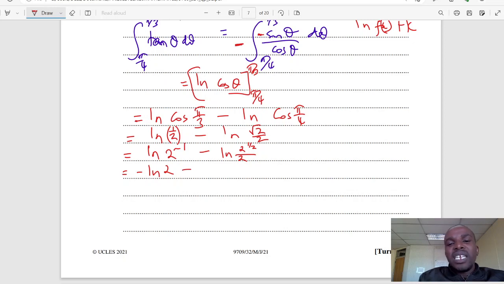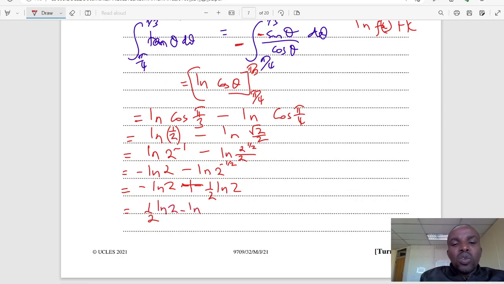Then for this part you maintain the base and subtract the powers, so half minus 1. Half minus 1 is minus half. Bring down the half. It will be minus ln 2 minus half ln 2, which becomes plus, actually. You have half ln 2 minus ln 2.